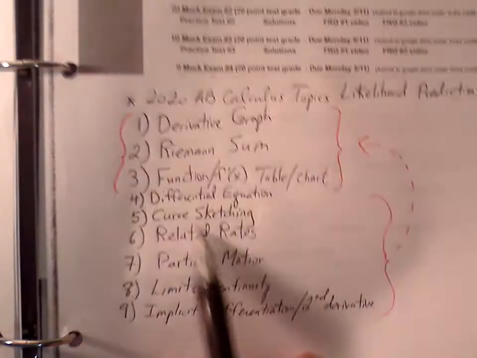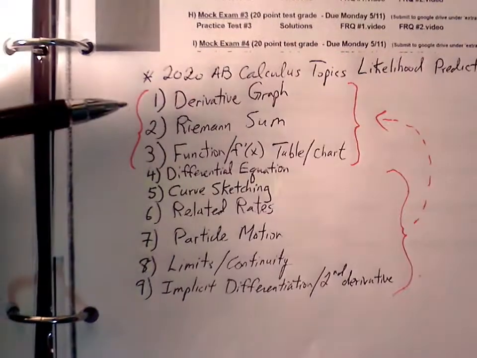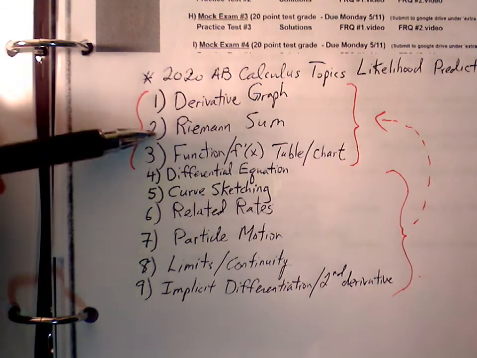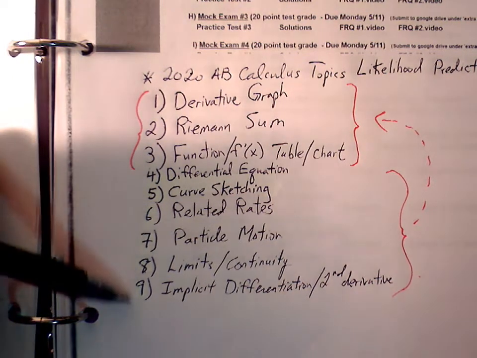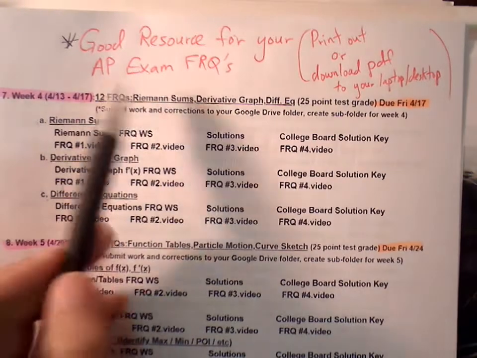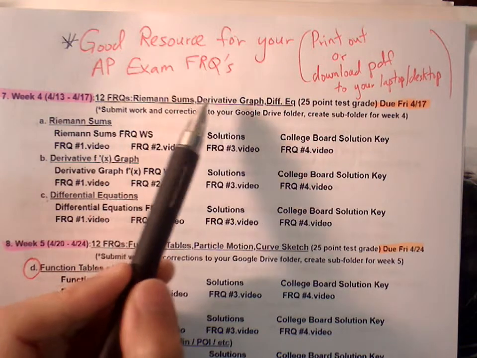Because of that, over these weeks 4, 5, and 6, you have practiced a lot of problems under these categories. So my suggestion is that these will be really good resources for your AP exam FRQs.